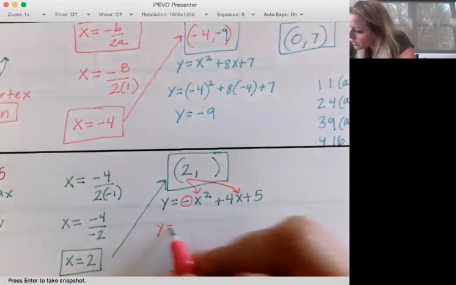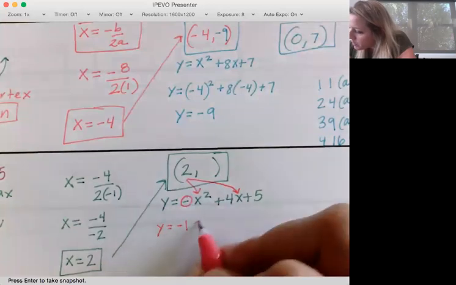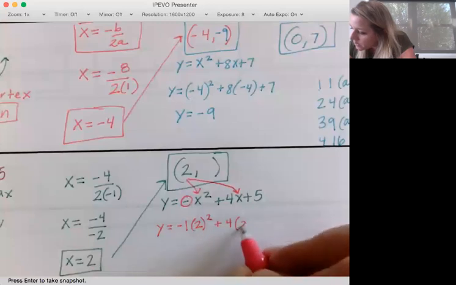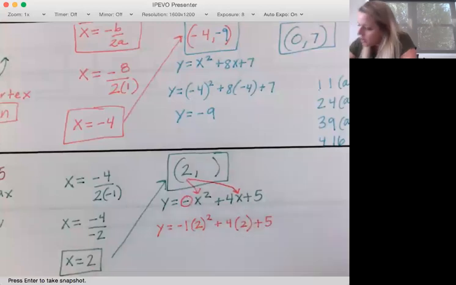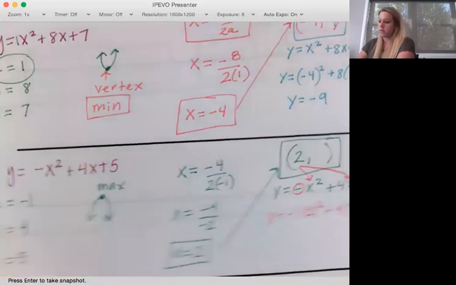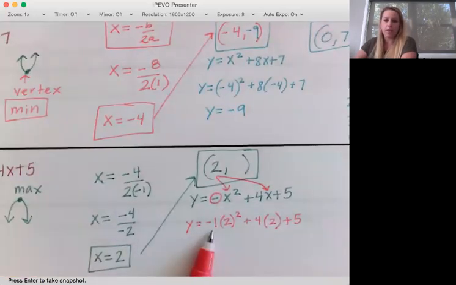This means -1 times 2 squared plus 4 times 2 plus 5, because we said that our a value is -1. So we have to keep that in there, okay? That -1 gets applied after you square the 2.